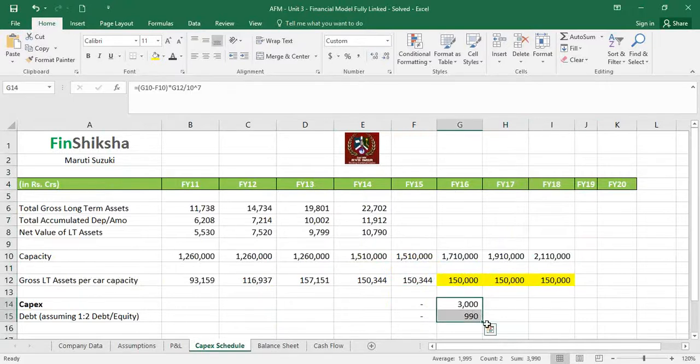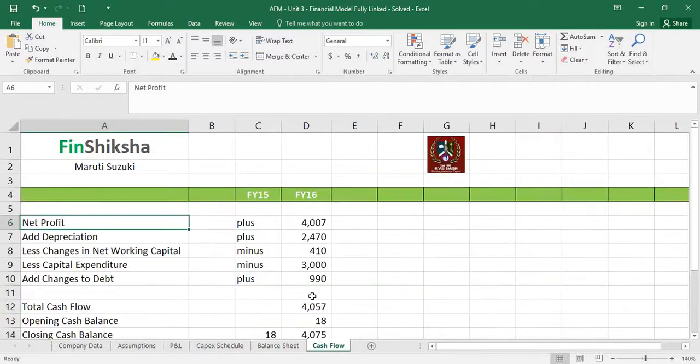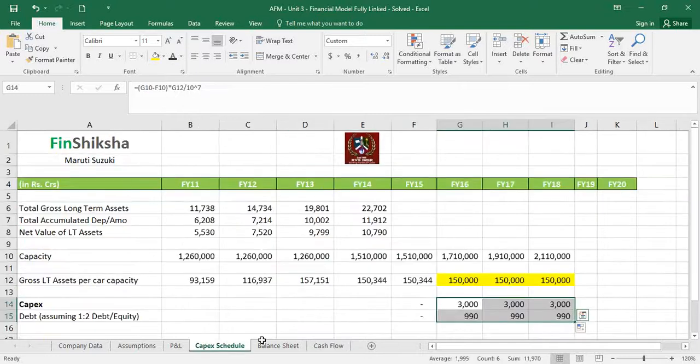So from whatever data we already have, where we are saying 33% of this number is going to come in the form of debt and the rest of it from the internal accruals of the company, which is effectively equity, because those cash flows otherwise will go to the equity holders, we can basically extend this analysis as well, right? When you go and look at the cash flow, you will see that capex has become 3,000 crore here, and changes to debt coming in has become 990 in this case, right?